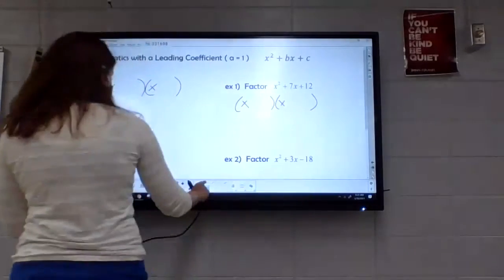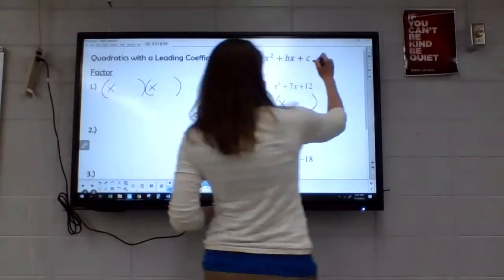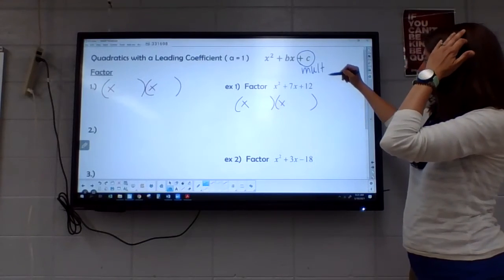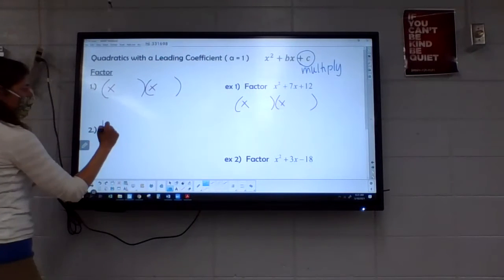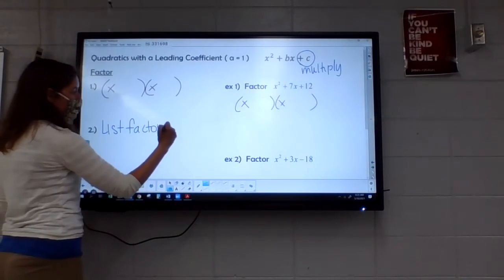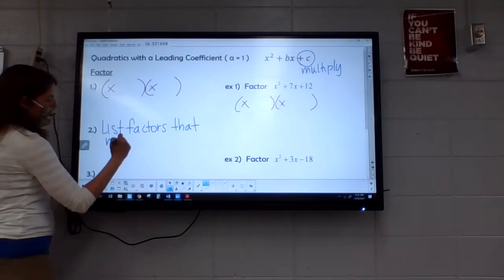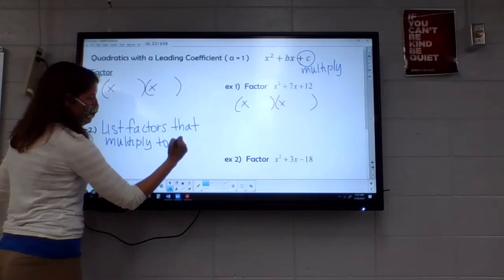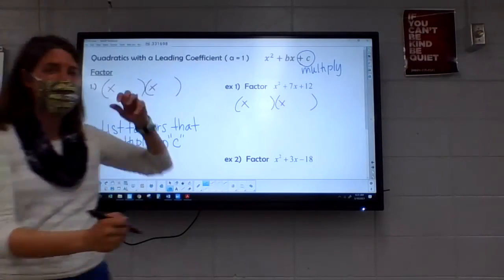So we want to find values that multiply to give us 12, or in general, we're going to call that C. So we want to list the factors that multiply to C. And C again is that last term.